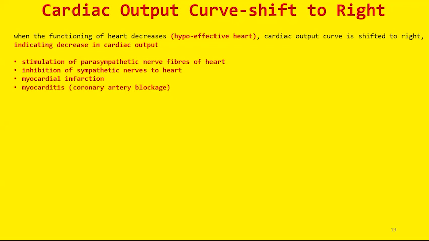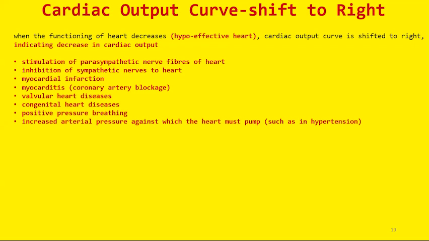During coronary artery blockage or inflammation of the myocardium, the cardiac output is reduced. Similarly, valvular heart disease, congenital heart disease, breathing against positive pressure, and hypertension, in all these conditions, the cardiac output is compromised. And we will continue the list.